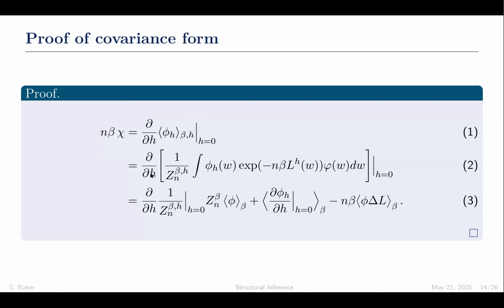Yeah, so let's go and discuss why the derivative of 1 over Zn beta h becomes this thing.